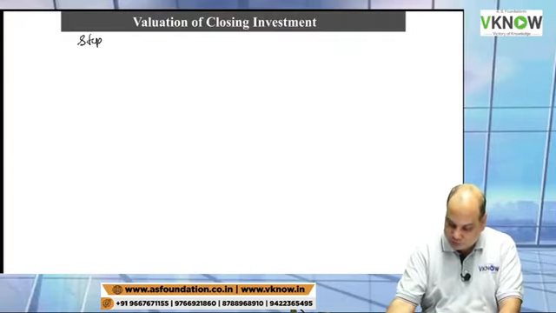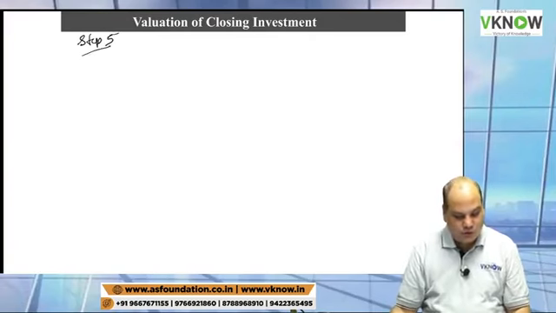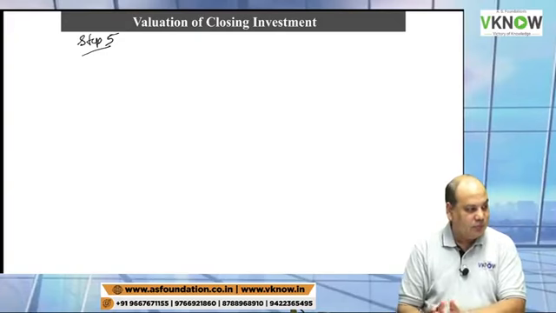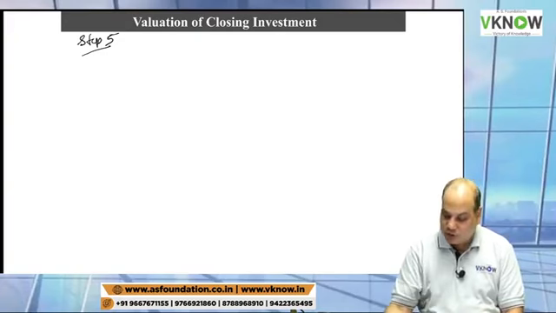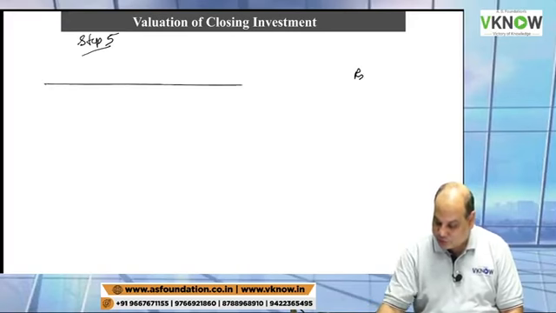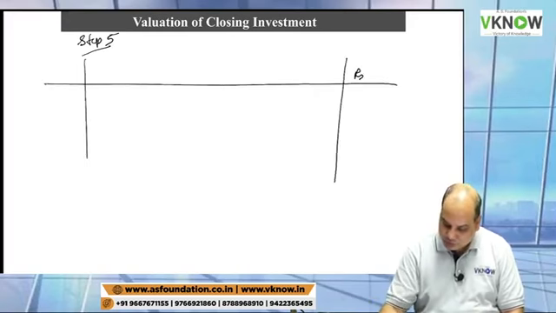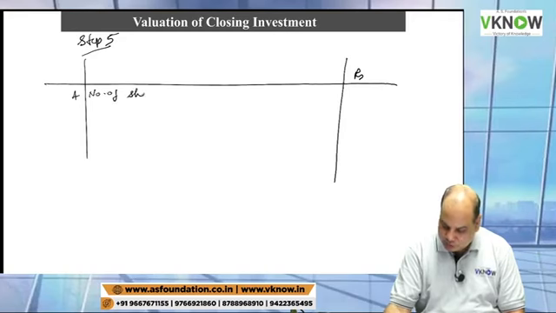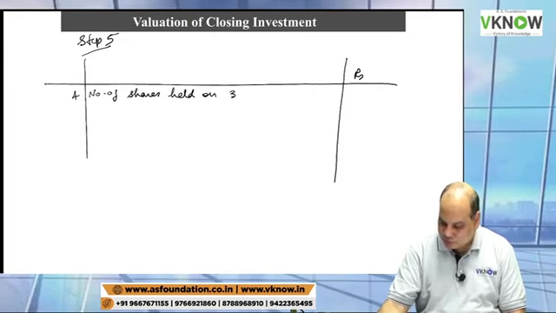Step number 5. Value of closing investment. Right hand side rupees. First write down A, number of shares held on 31st March 2013.